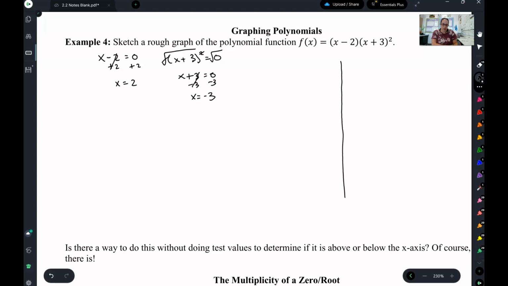So if I wanted to graph this, I'm going to have an x-intercept at -3 and an x-intercept at 2. Those are the places where I cross the x-axis.